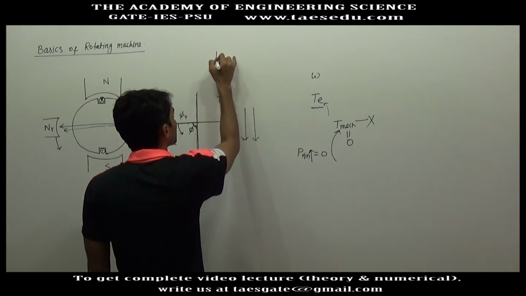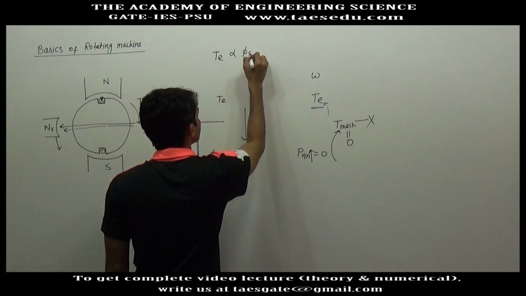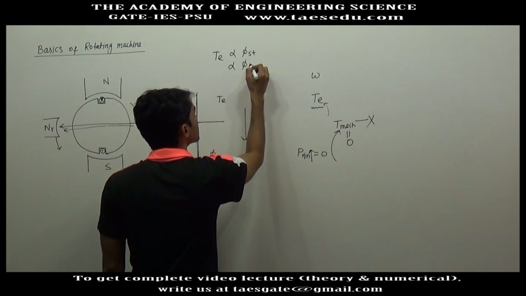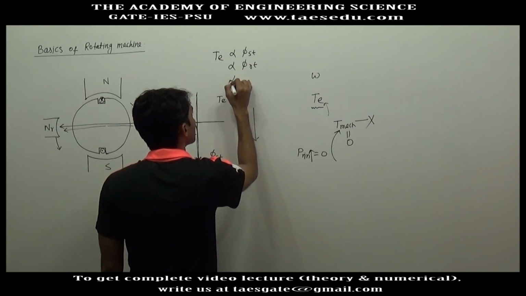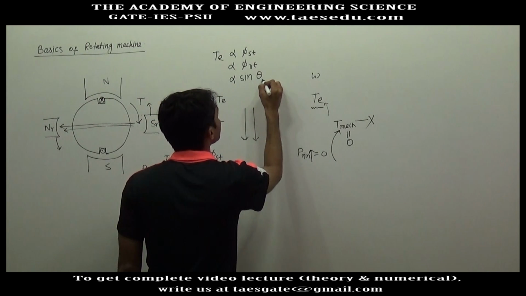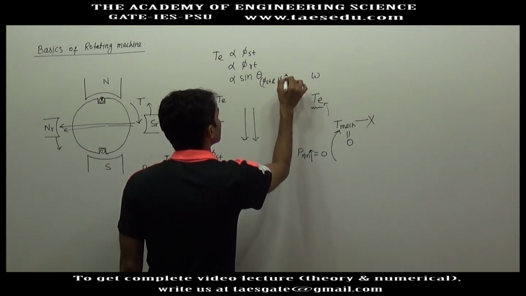In fact, the electrical torque is directly proportional to the strength of the stator magnetic field, directly proportional to the strength of the rotor magnetic field, and directly proportional to the sine of the angle between the stator magnetic field and the rotor magnetic field.